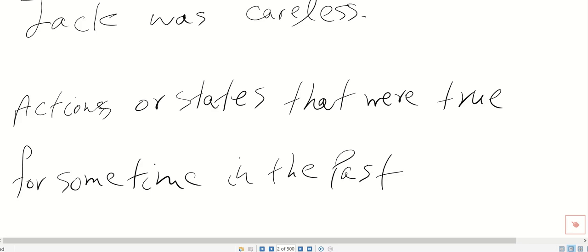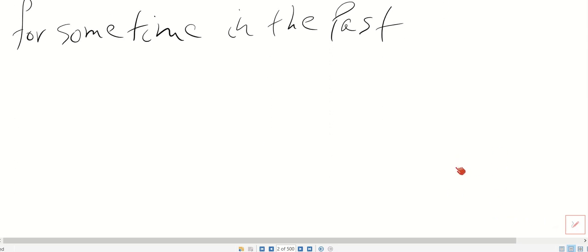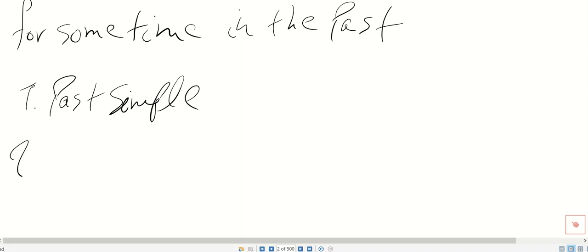So for that, we use past simple again, past continuous. Okay? So for example, we use past simple and past continuous, both of them, to talk about something that was true for some time in the past.